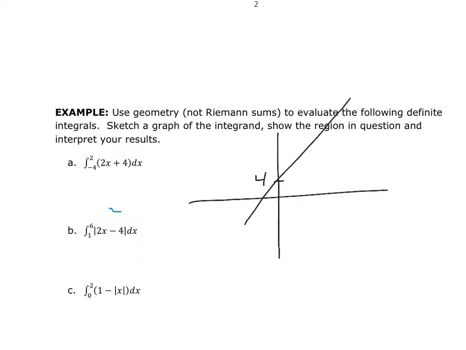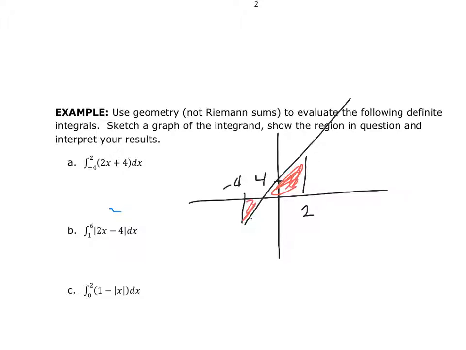That's what the graph is going to look like. Now, notice they want us to find the area in which I start at -4 and I end at 2. So I have this shape right here, and then I have this shape right here. What are those two shapes?